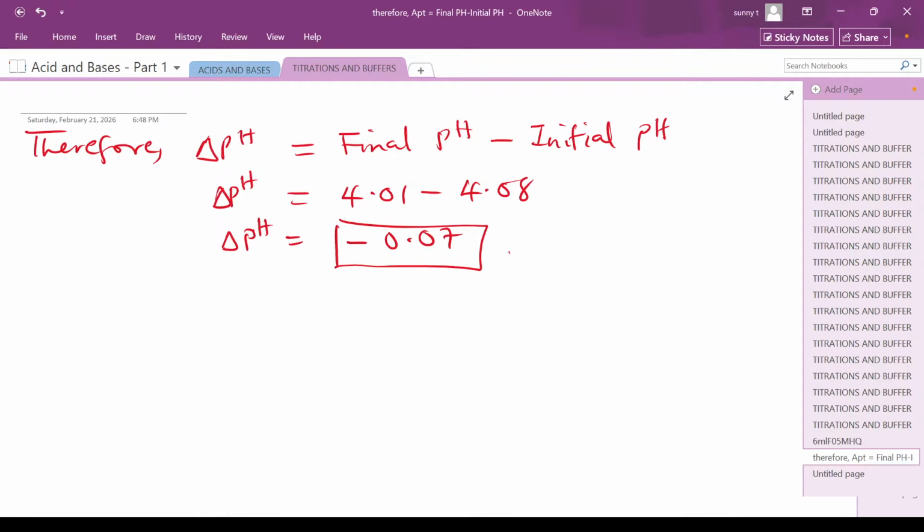How did we get 10 raised to power minus 6? That's question number 2. How did the power go from minus 14 to minus 6? I calculated, it showed me 2.51 times 10 raised to power minus 21.